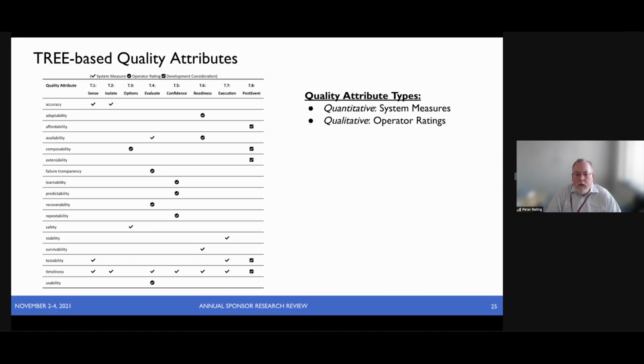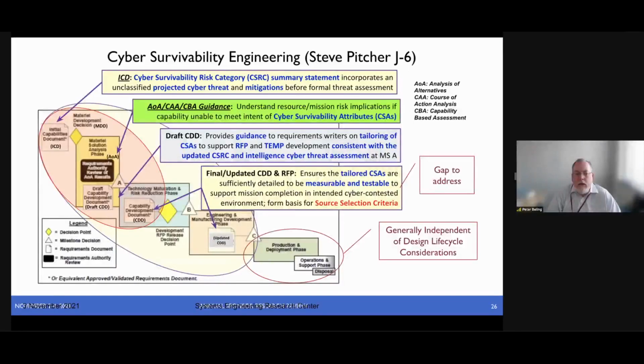So this is a kind of first view of things like developmental test and operational test ultimately coming together, which is something we'll mention later as well. Good, so let's go to the next slide. And Megan, would you like to take over from here?